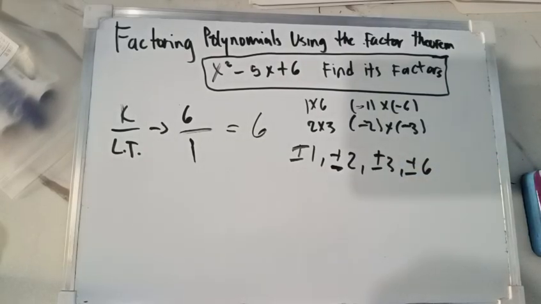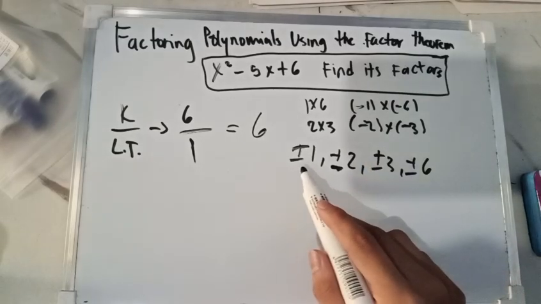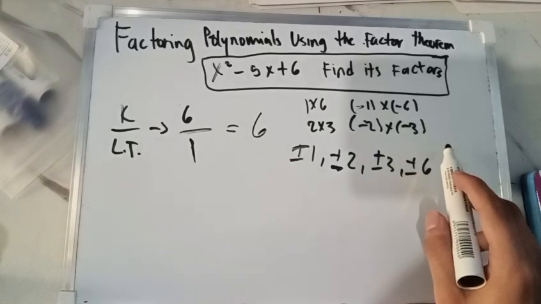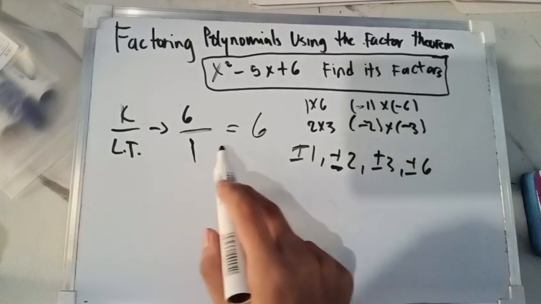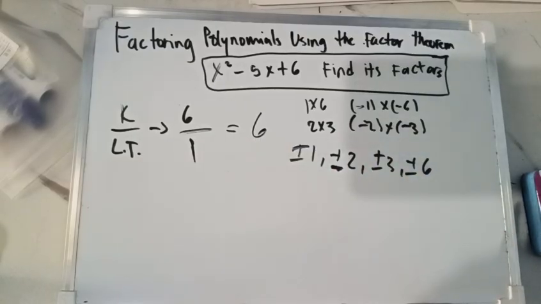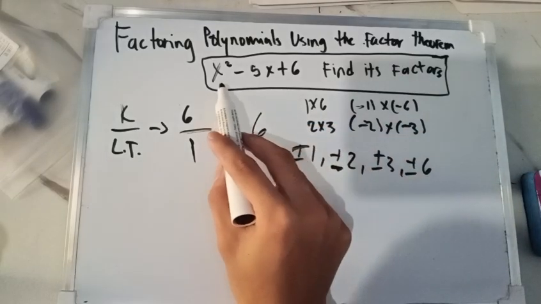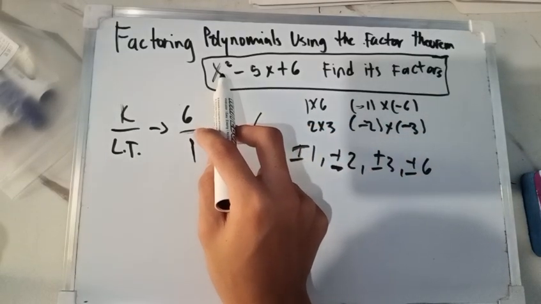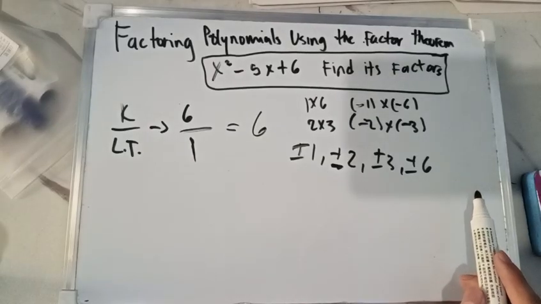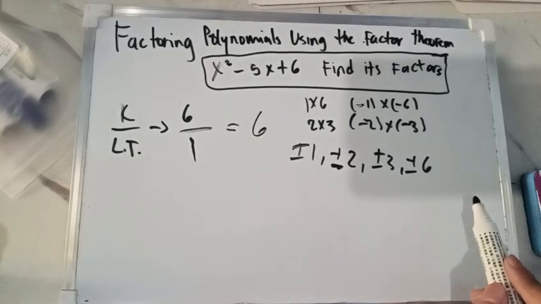So the second step is to substitute all these possible values. All these factors of 6 are the possible values, but we only need to get 2 for this polynomial. We have a total of 8 possible values, but we need to find 2.